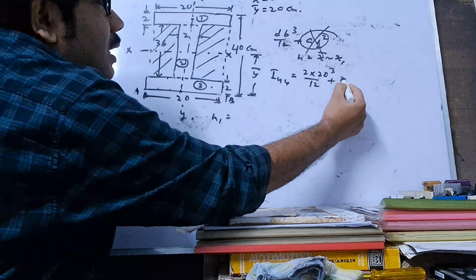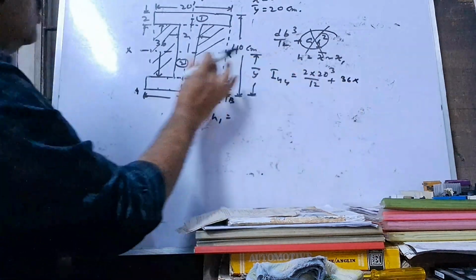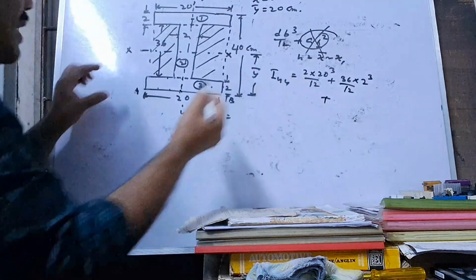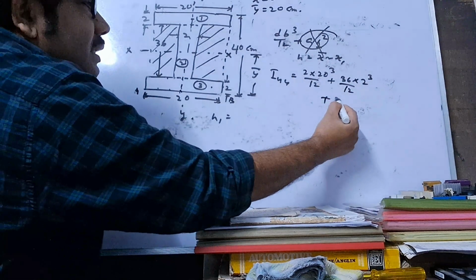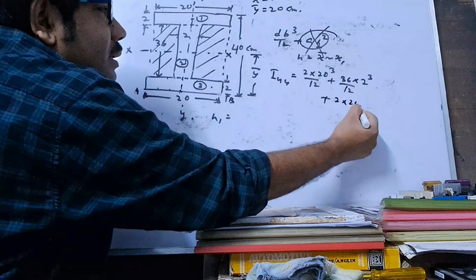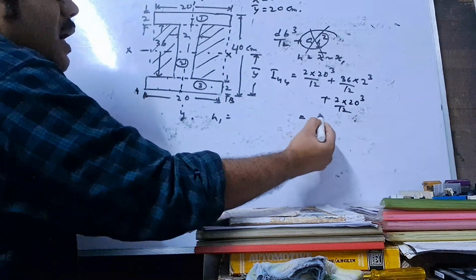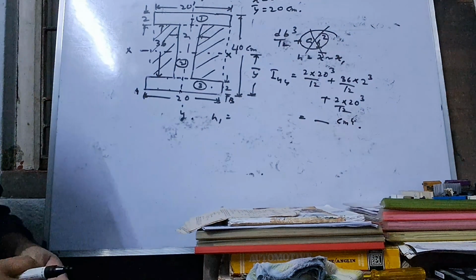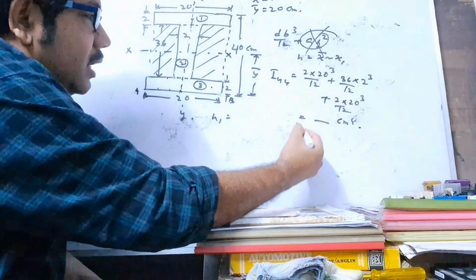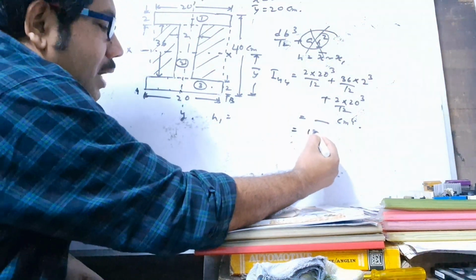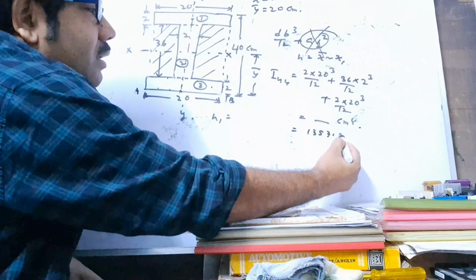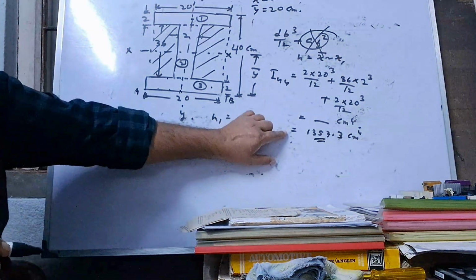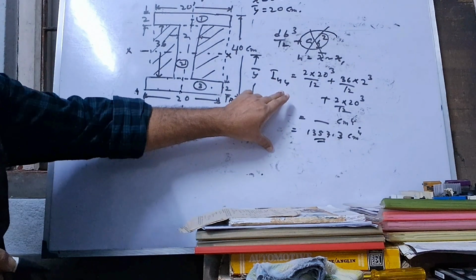So d means 36 into b means 2 cubed by 12, plus for the third section, d that means 2, b that means 20 cubed by 12, and you calculate this value. Here the answer is 1357.3 centimeter to the power 4. You calculate, it may be wrong, you must calculate.